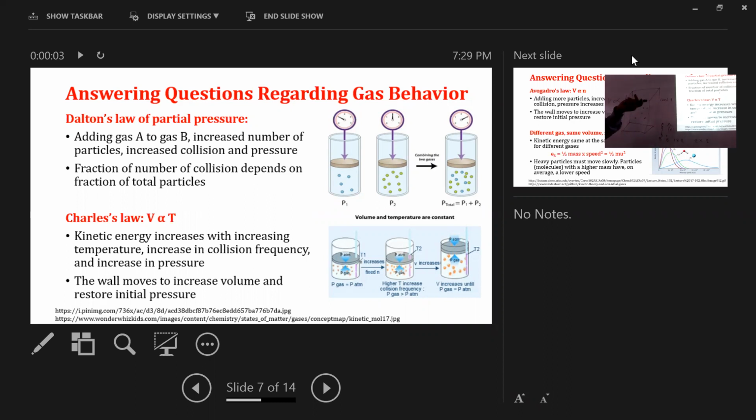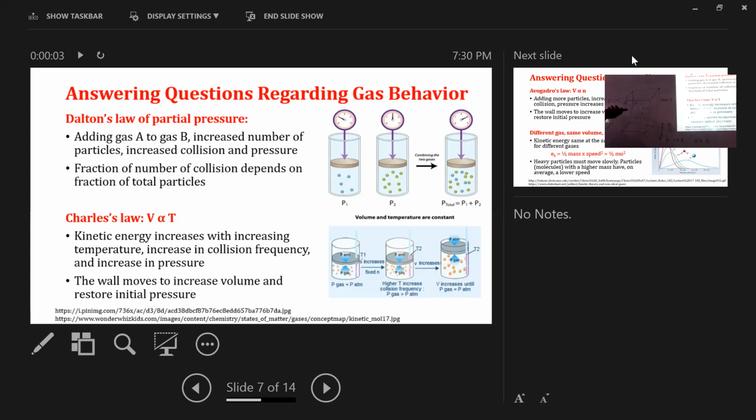The fraction of the number of collisions depends on the fraction of total particles. So within the total, how many parts came from this or from this, that will depend on the fractional pressure. Whatever fraction of the number of collisions depends on the fraction of total particles.